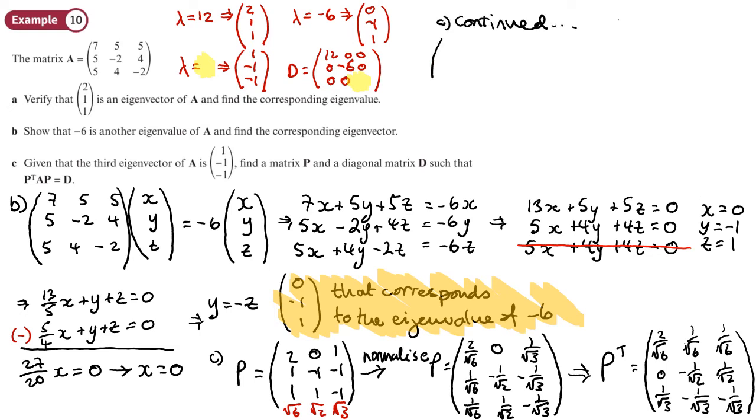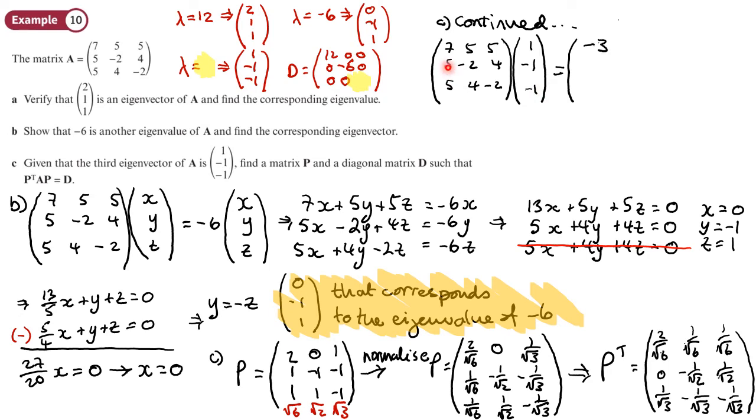Okay, let's find this eigenvalue then. So 7, 5, 5, 5, minus 2, 4, 5, 4, minus 2. We want to find out what it scales this vector by, so we just need to multiply it out. So we've got 7 minus 5, which is 2, minus another 5, which gives us negative 3.